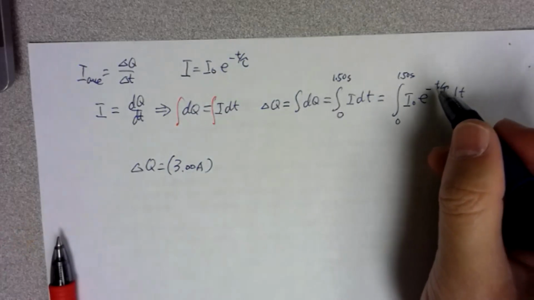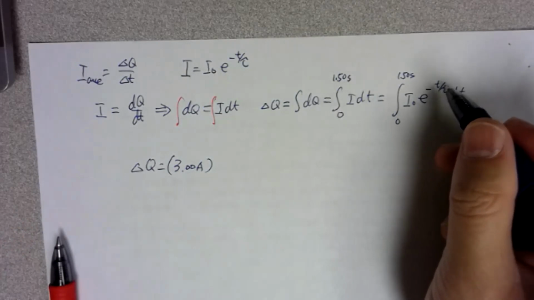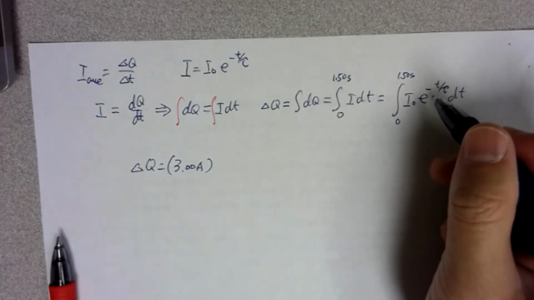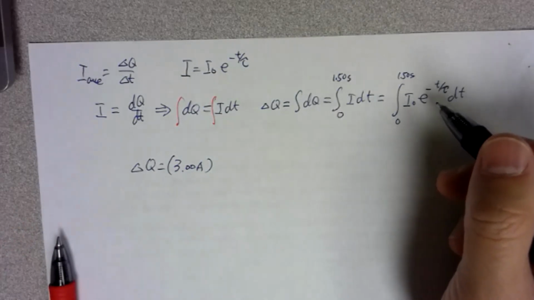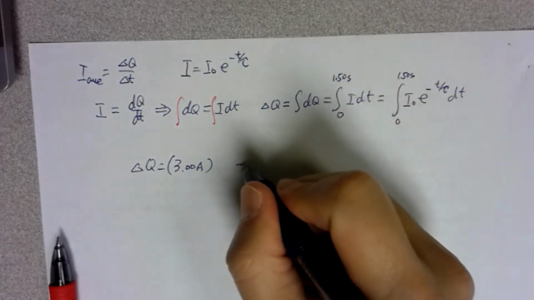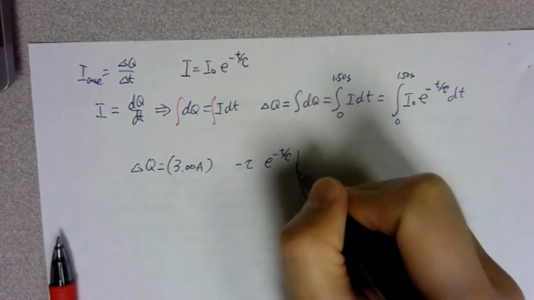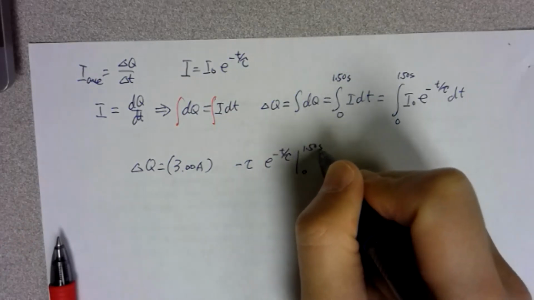Integration of the exponential function is again an exponential function, but there's this factor inside, so you should apply the chain rule. When you integrate, there should be a factor of minus tau in front. So minus tau e to the minus t over tau, from 0 to 1.5 seconds.